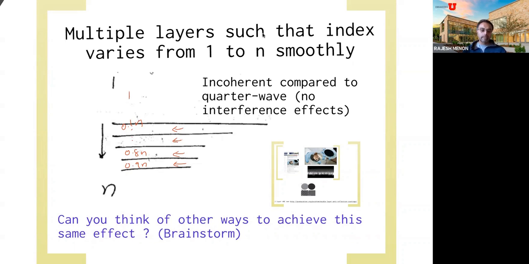However, it turns out that getting very low index close to 1 is really challenging. Only air or vacuum has an index of 1. Getting such very low indices is really difficult with actual materials. There are special materials like aerogels that can achieve this, but it's really challenging. So it turns out to be a difficult problem.